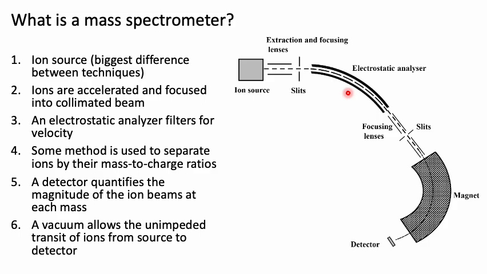So what is a mass spectrometer? You already saw some important pieces of it in the historical development part of this lecture. First of all, we need an ion source. We won't talk about that much today because, as I mentioned at the beginning, the biggest difference between the techniques we use is that they use different kinds of ion sources.